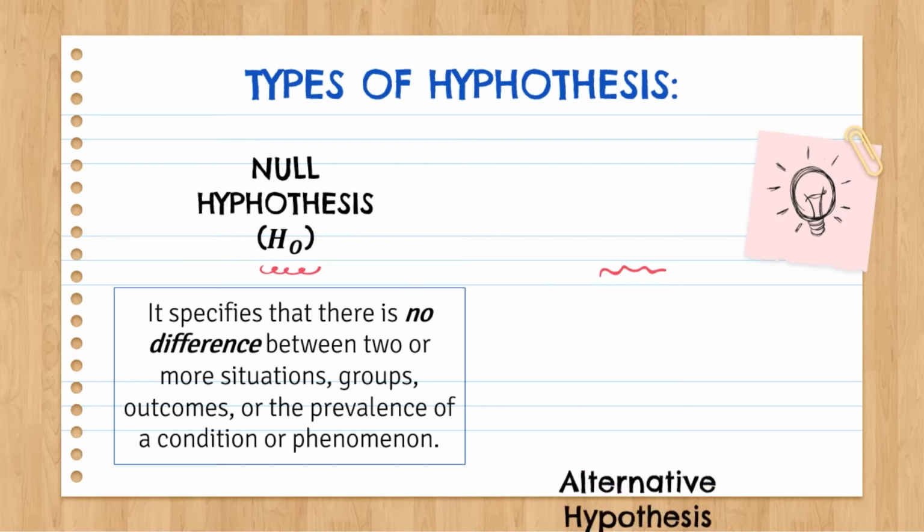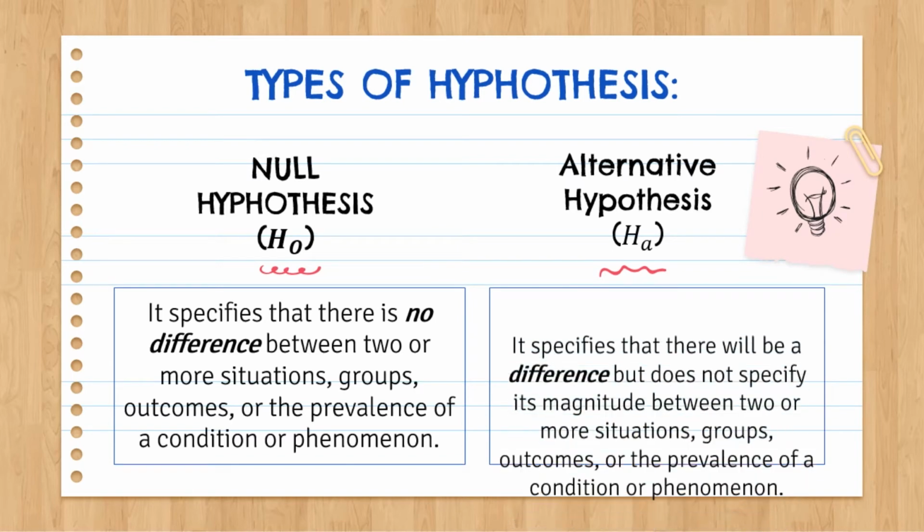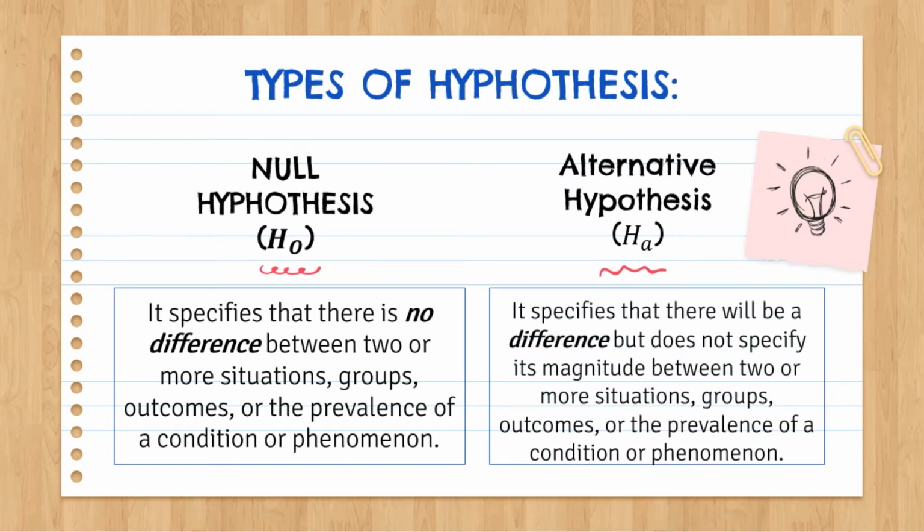How about the second one, which is the alternative hypothesis? It specifies that there will be a difference but does not specify its magnitude between two or more situations, groups, outcomes, or the prevalence of a condition or phenomenon.